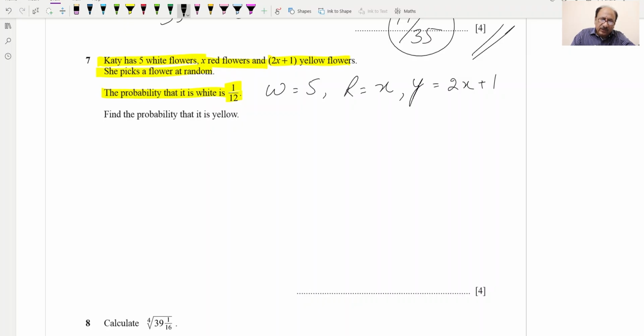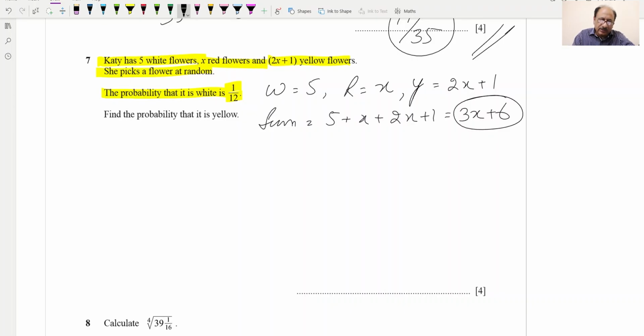So now we can add all. The sum will be equal to 5 plus x plus 2x plus 1, and this is equal to 6 plus 3x, or we can write 3x plus 6. So this will be the sum total of all the flowers.